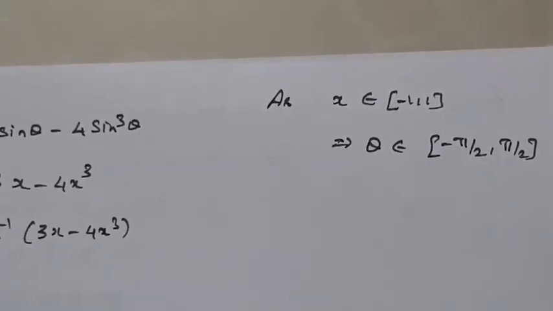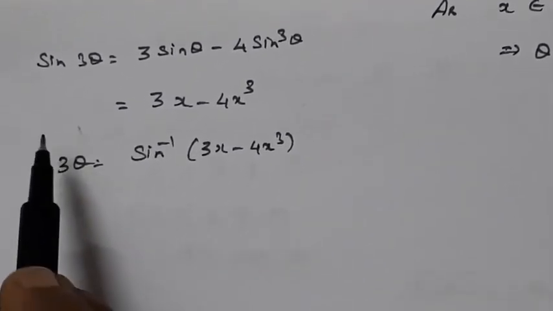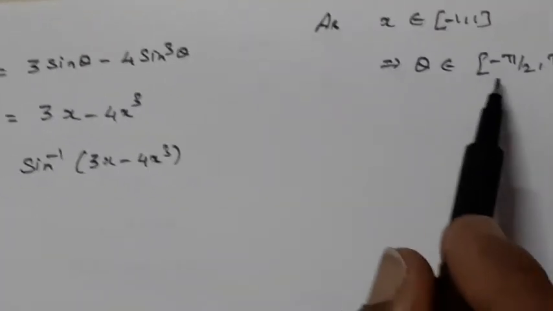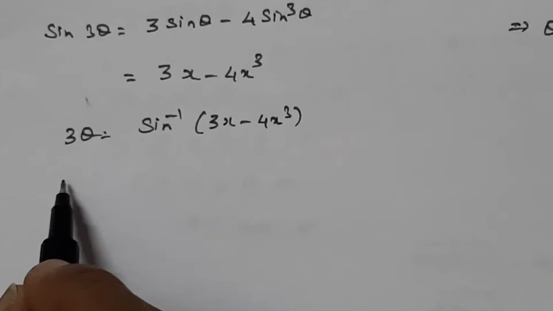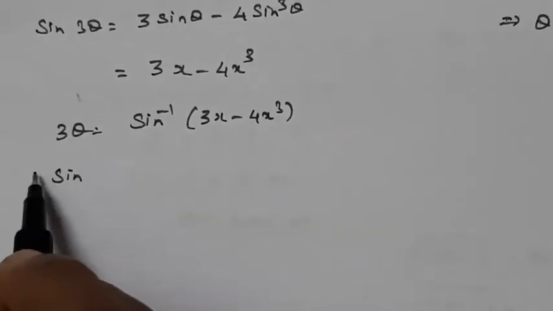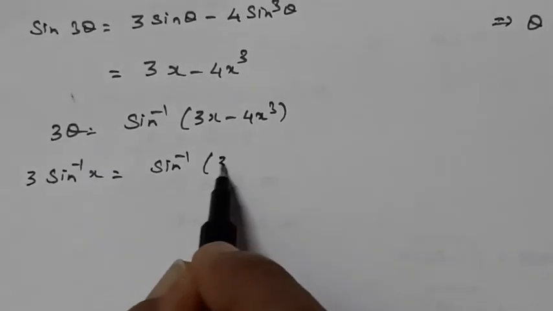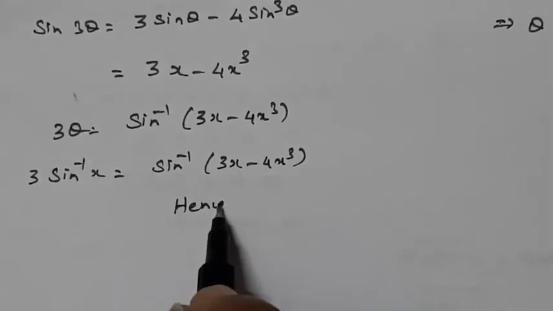Sin inverse is well defined here. Therefore, theta can be replaced by sin inverse of x. So, this holds good as theta belongs to the required range. Okay. Therefore, replacing theta by sin inverse of x, we have 3 times sin inverse of x is equal to sin inverse of 3x minus 4x cube, and hence the proof.